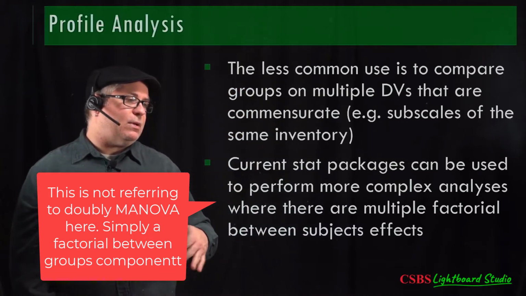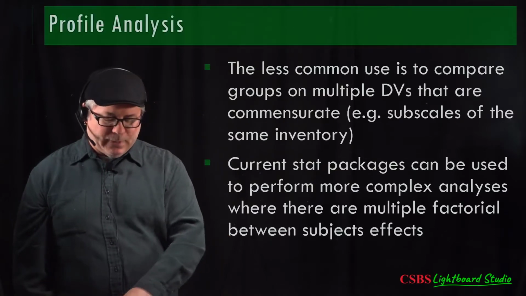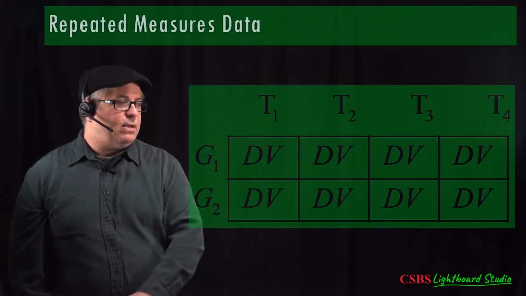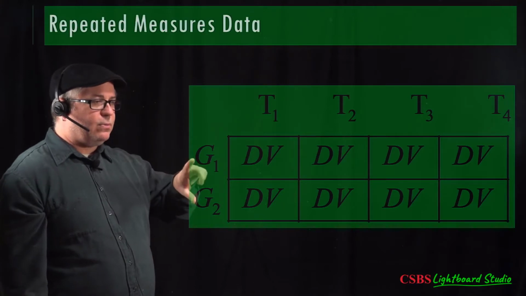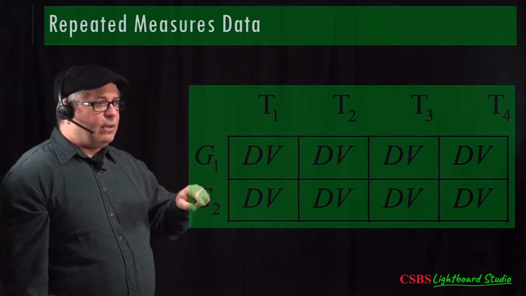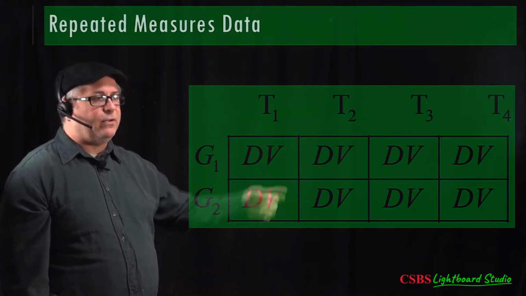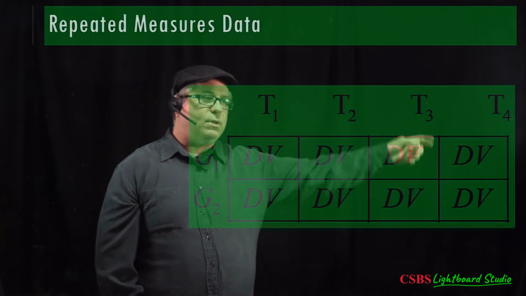This actually says multiple factorial between subject effects. Let me back up a second. In a mixed design, you could have a factorial design where you have, say, men and women at treatment and control. So it's factorial between groups, and you still have just one repeated measures DV.